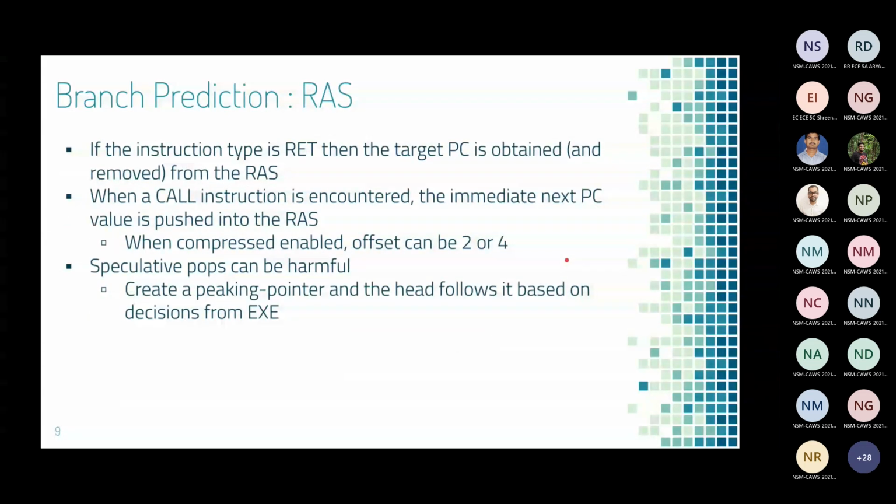Now for calls and returns, function calls and function returns, they have a property. As soon as you do a function call, if you remember the JAL and the JLR instructions, they store the return address in the RD register, right? So whenever there is a call, you're doing a jump, so you know what the target address is. But you also expect a return to happen very soon, right? So what we do is we maintain a module called the return address stack.